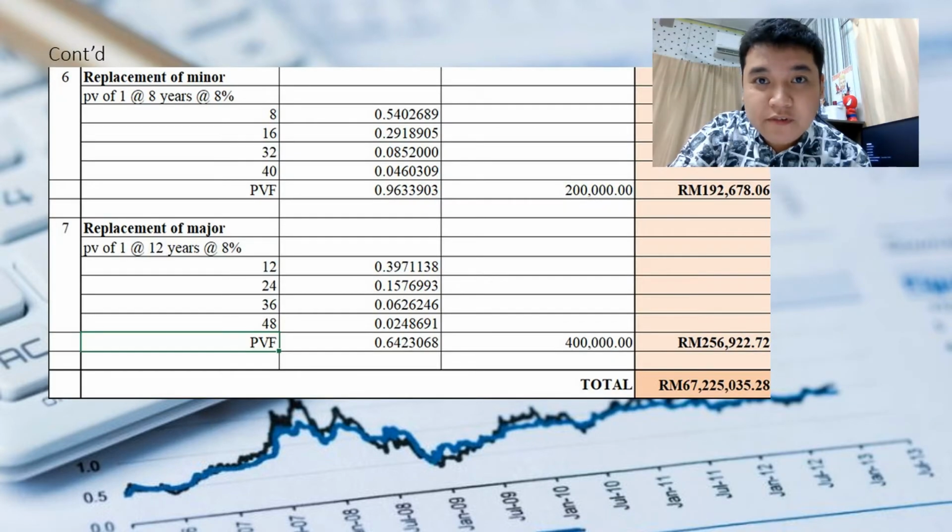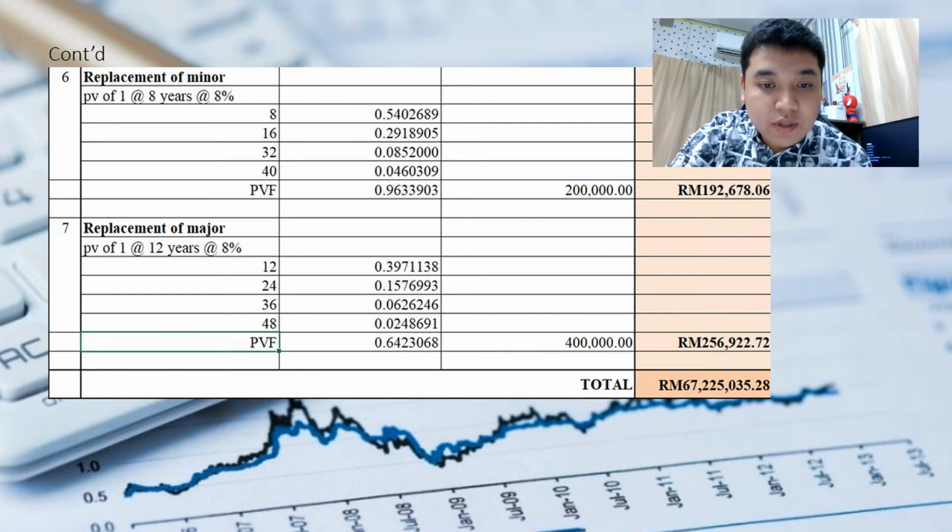The next part of this calculation will be the replacement of minor. Referring back to the table, it has been stated that replacement of minor services will be done at every 8 years with a total cost of RM200,000. By using the present value of 1 and a discount rate at 8%, in the year of 8, we will get 0.540268. Year number 16 is 0.2918905.